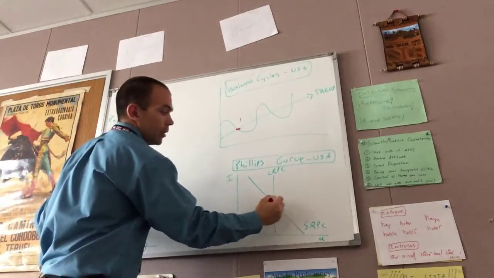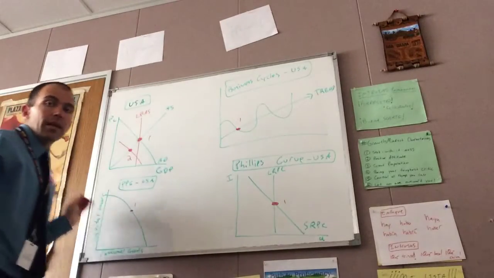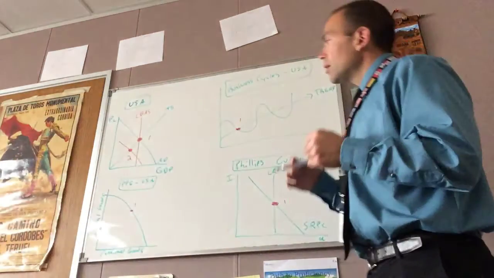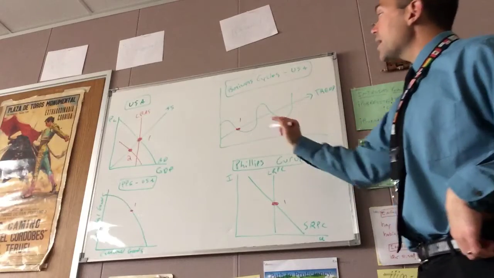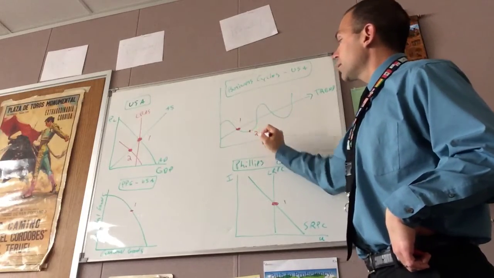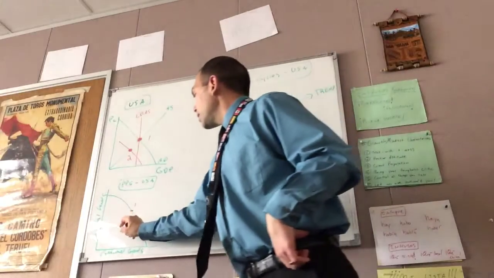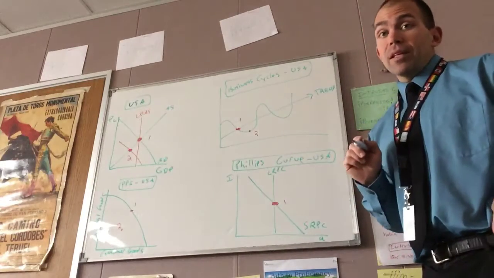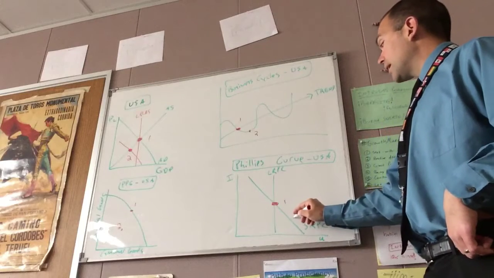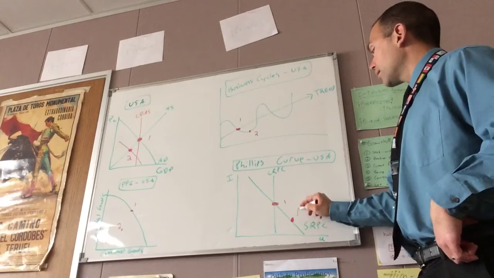And we were at full employment. So that's the easiest one to get. You know where full employment is. Then 2, now we're right there. So where's that? That's right here. And what is that? That's a recessionary gap. Now, we're right here.